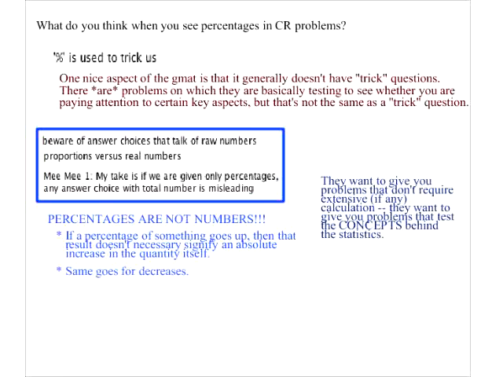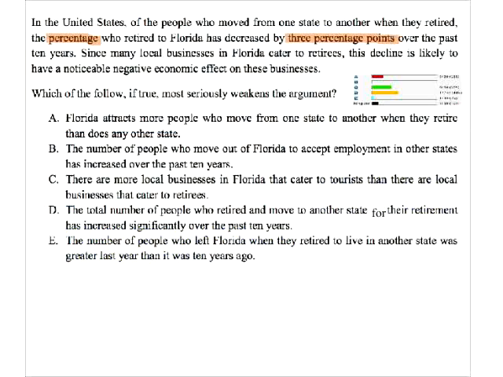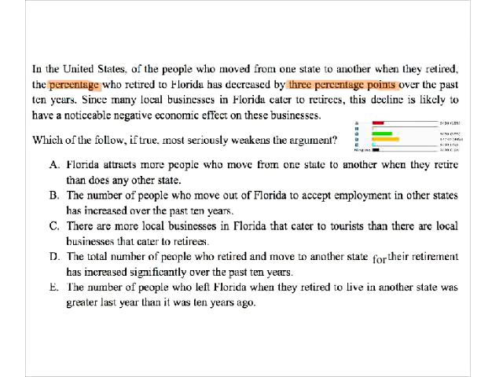So this is what you should be aware of whenever you see a percentage in a critical reasoning problem. You should be thinking to yourself, hey, percentages are not numbers, so what the heck? So let's look at this. The percentage has gone down by 3 percentage points. When you see that kind of thing, it should definitely bring to mind this whole issue of, but okay, I don't know if the actual number of people has gone down.